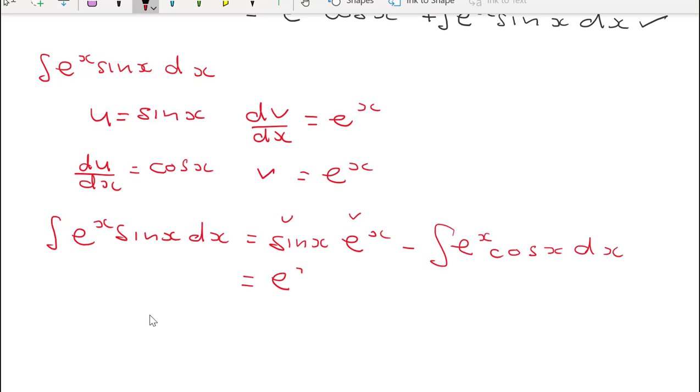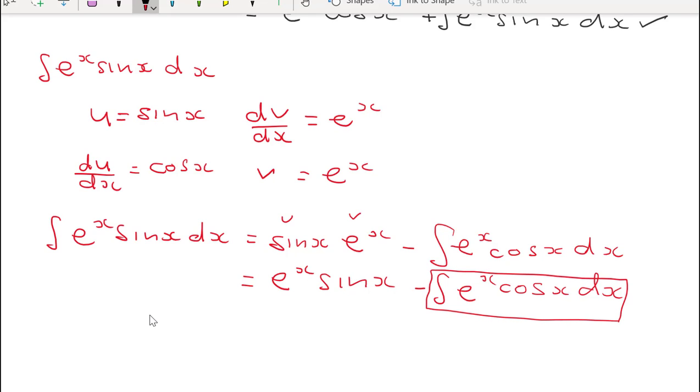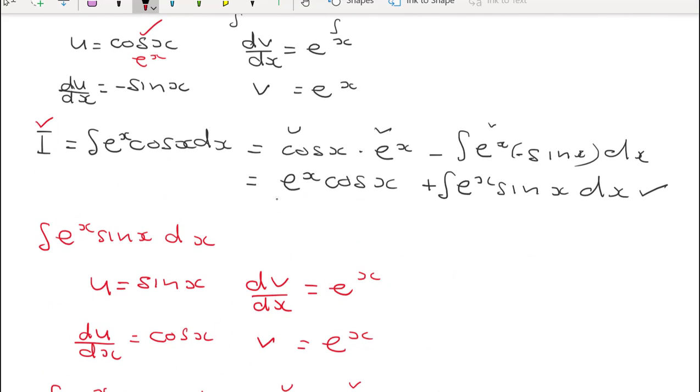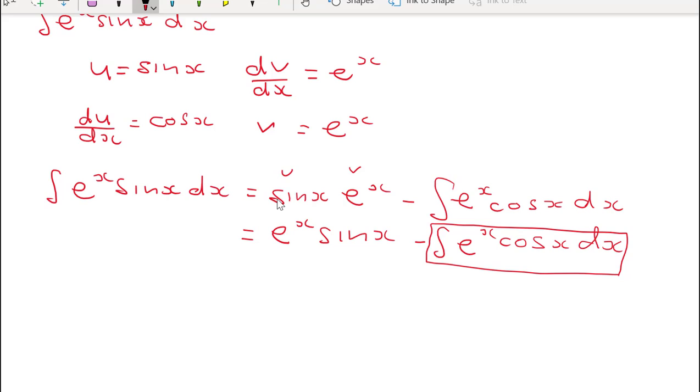Rearranging, e raised to the x sine x minus the integral of e raised to the x cos x dx. If we look carefully here, we see that this is what we chose to be I. Therefore, this is equal to e raised to the x sine x minus I. This is our original question.